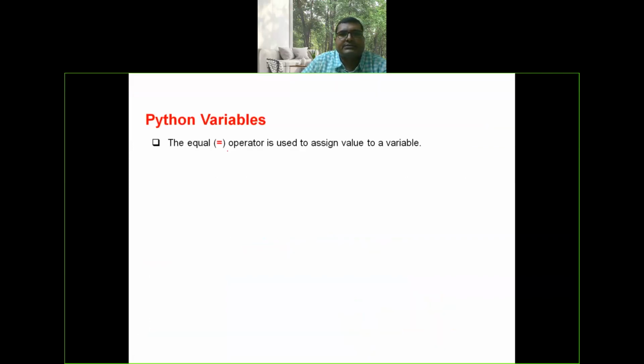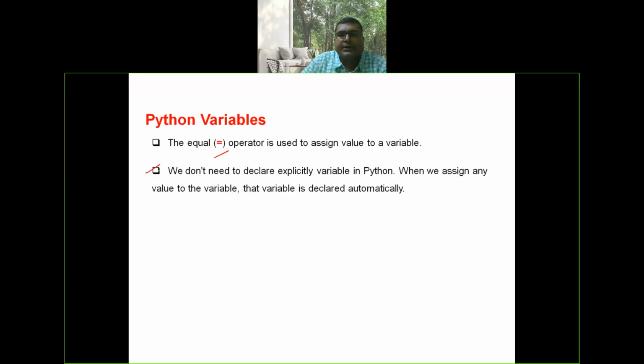The equal operator is used to assign a value to a Python variable. We don't need to declare a variable in Python. When we assign any value to the variable, that variable is declared automatically.